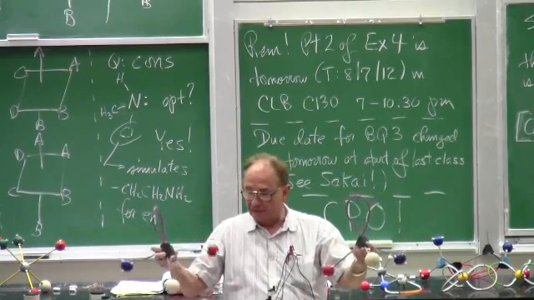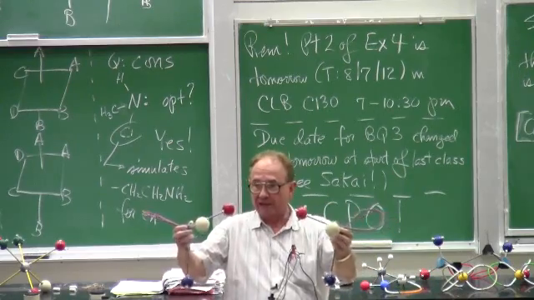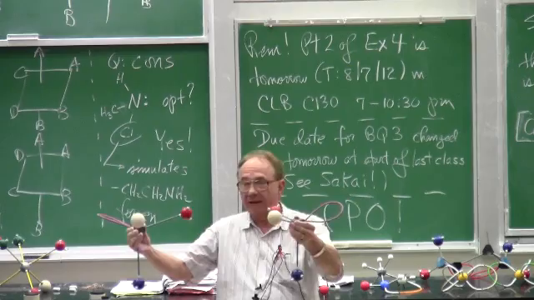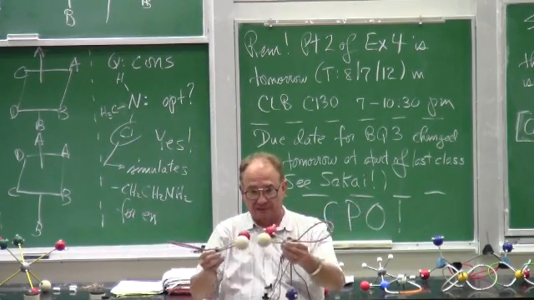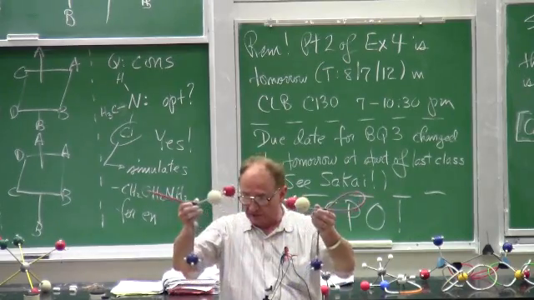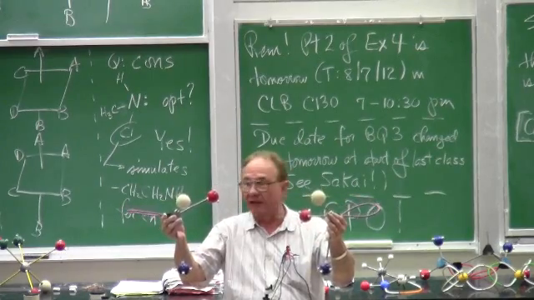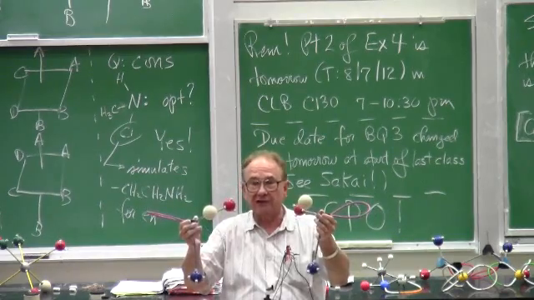How do these compare? Well, if I hold the models like this, I can see at a glance these are mirror images of each other. Here's the mirror. There's the whites looking at each other, the reds looking at each other, the blues down below. And the way I've held the models is the purple non-bonding pairs are each pointing in opposite directions relative to each other.